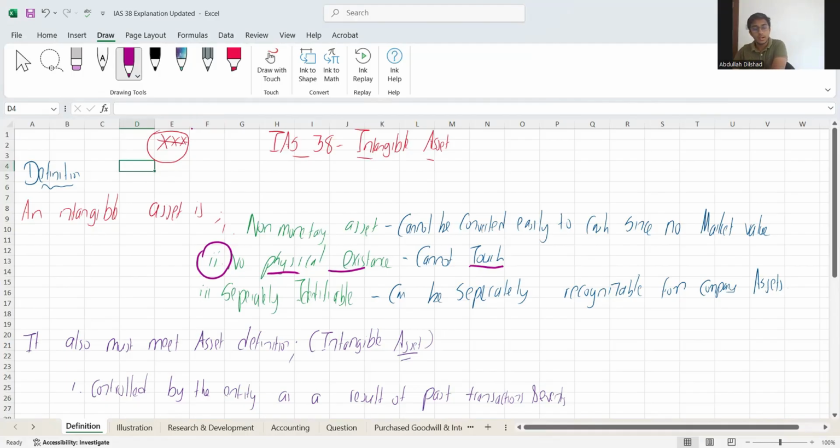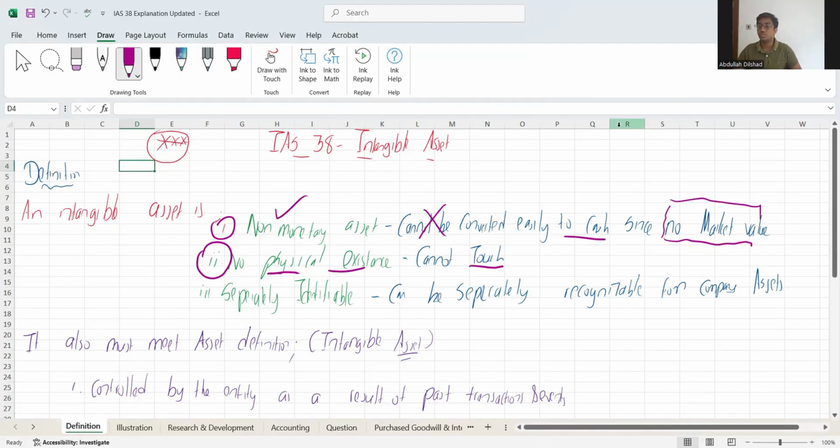Number two, this is a non-monetary asset. What I mean by non-monetary asset is these cannot be easily converted into cash. It will take a longer period of time to convert or generate cash. The reason being is because there is no market value.